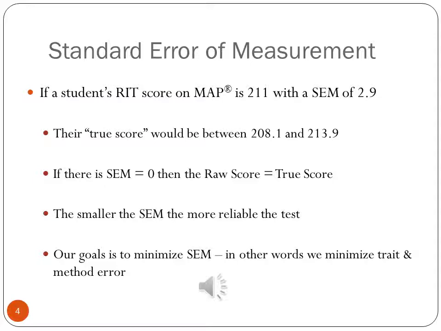A smaller standard error of measure is always better because it shows greater consistency. The smaller the SEM, the more reliable the test. Our goal is to minimize the standard error of measure. In other words, we need to minimize the trait and method error in a testing situation. So bottom line, we can control part of the standard error of measure.